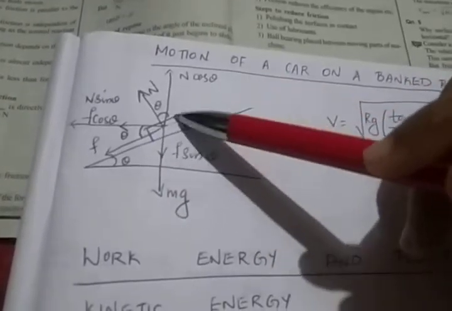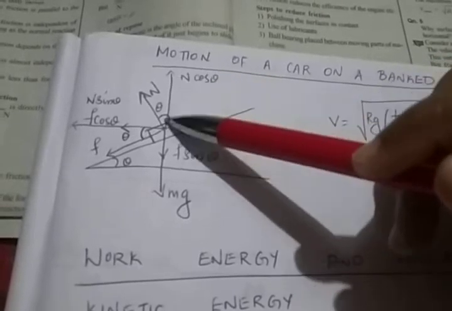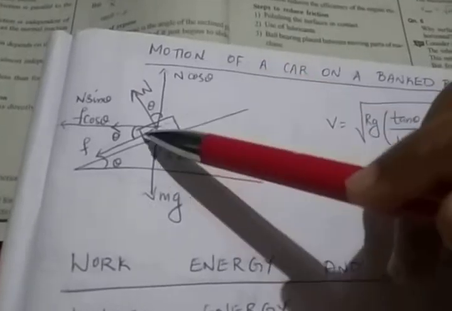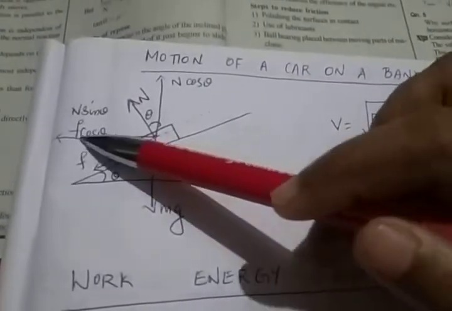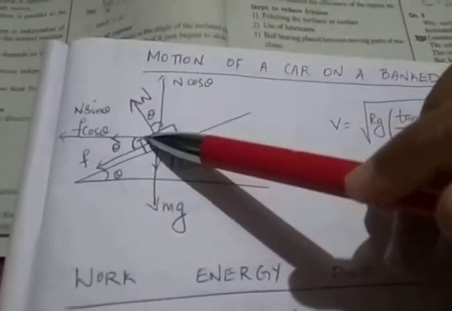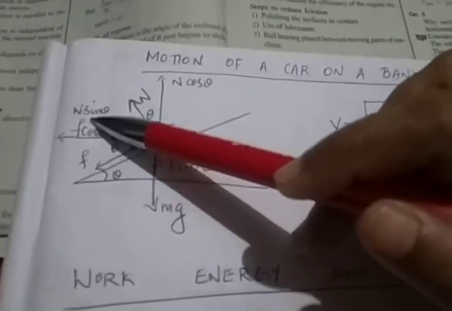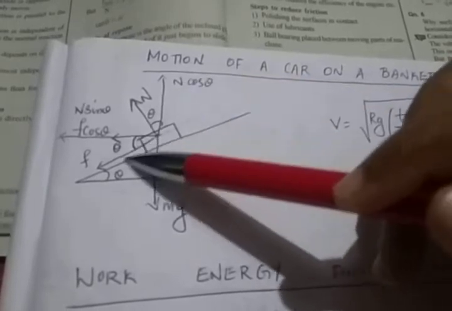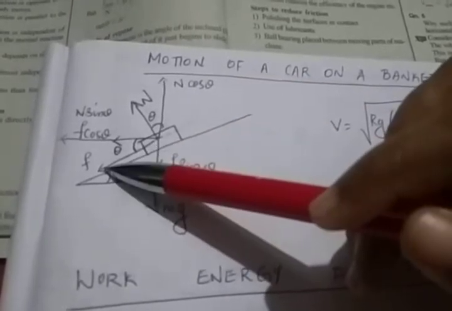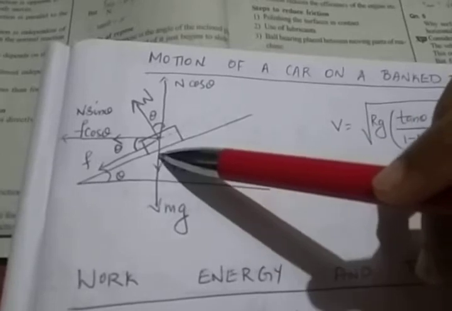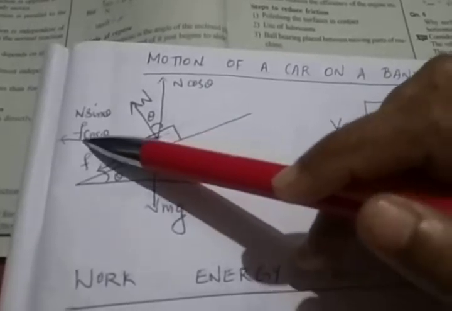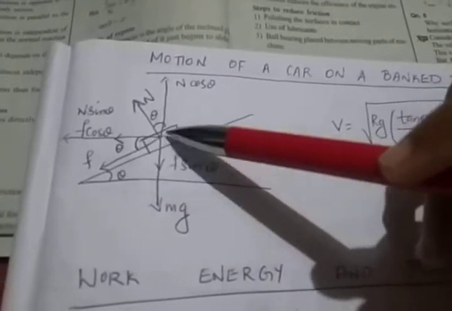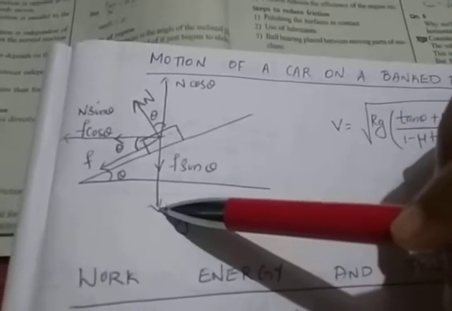One component, since it is adjacent to theta, is N cos theta, and another component of N acting along this direction is N sin theta. Our frictional force is also resolved into two components: one component is f cos theta, and another component of the frictional force is f sin theta.